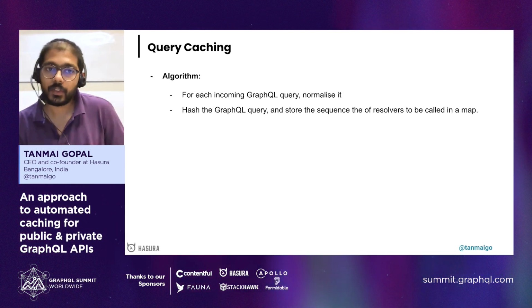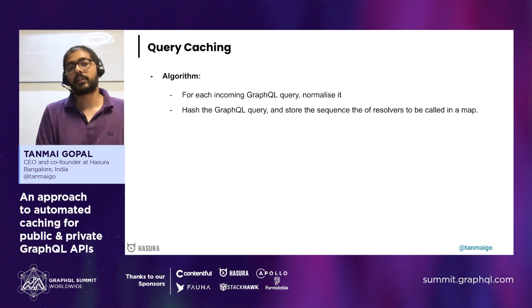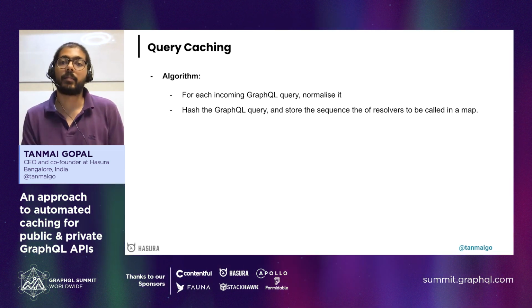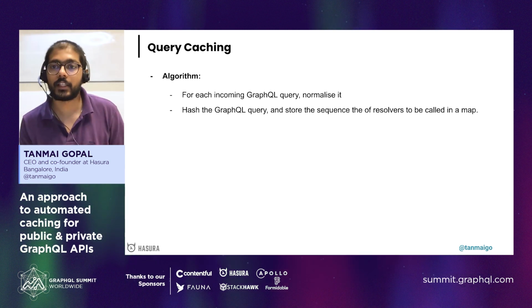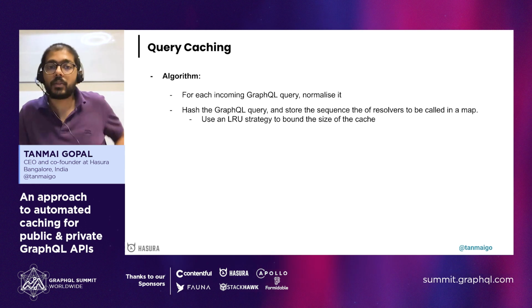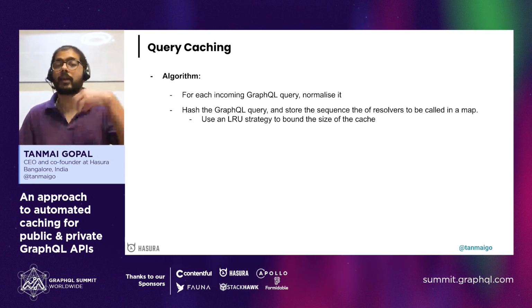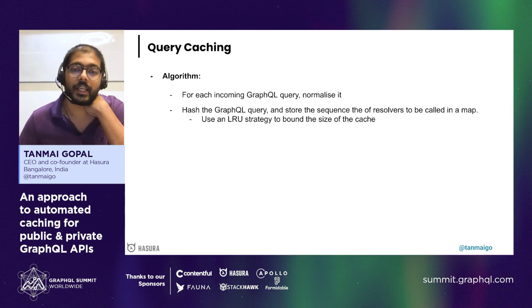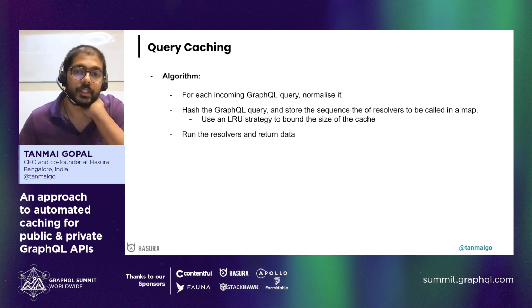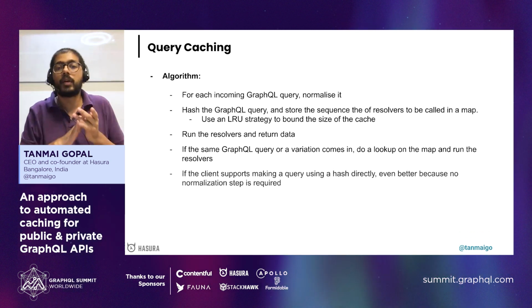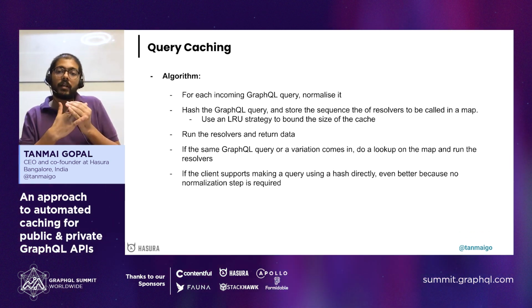Then you can hash the GraphQL query and store the normalized query and the plan, the sequence of execution, in a map. Every time this GraphQL query comes in, you can fetch the plan from a cache and then run that plan. You can use something like an LRU strategy to bound the size of the cache. And that's kind of how GraphQL query caching will work.